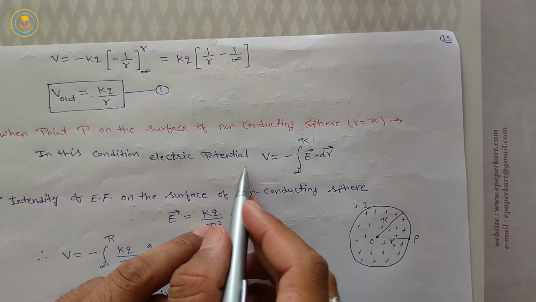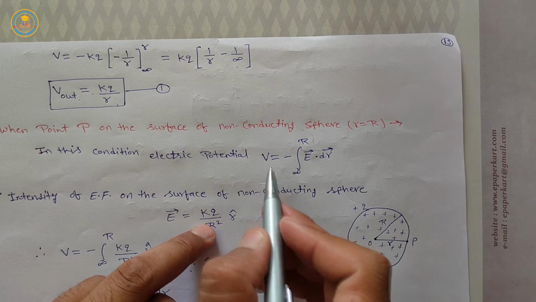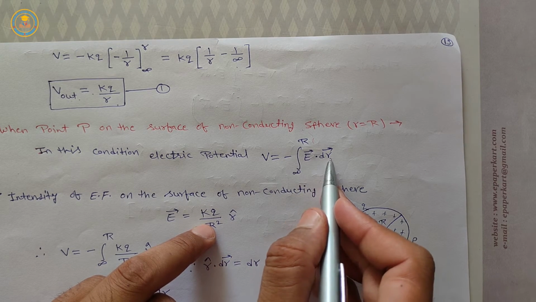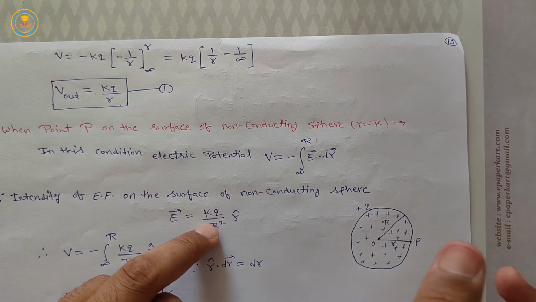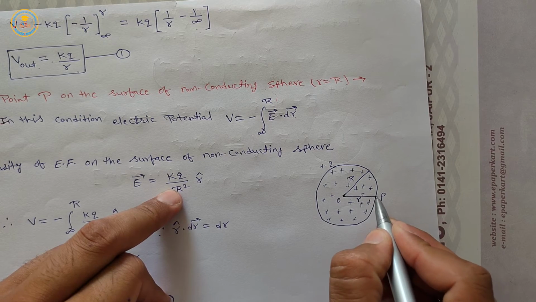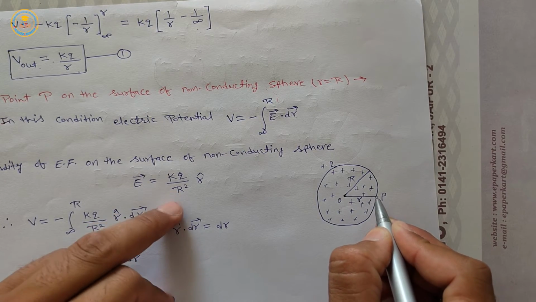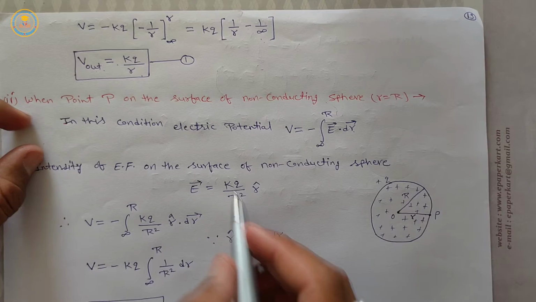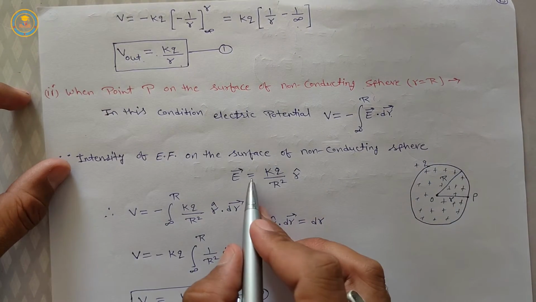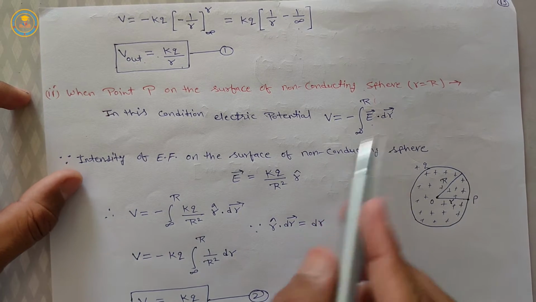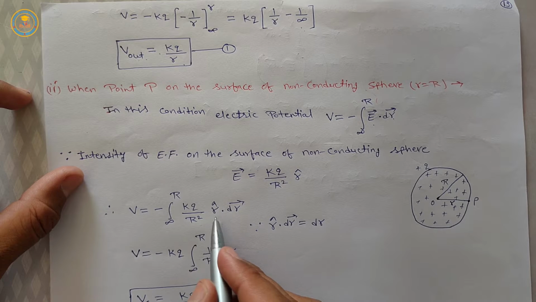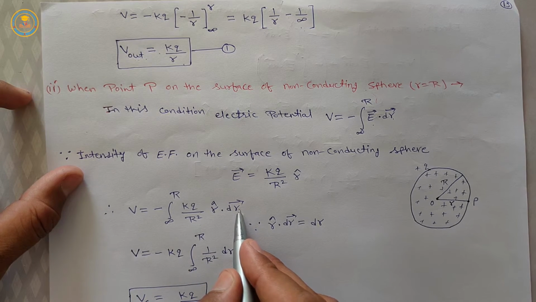So electric potential V is equal to minus integral from infinity to capital R of E vector dot dr vector. We know that the intensity of the electric field on the surface of a non-conducting sphere at this point is E vector equal to kQ upon r square r cap. Put the value of electric field intensity in this equation, then V is equal to minus integral of kQ upon r square r cap dot dr vector.